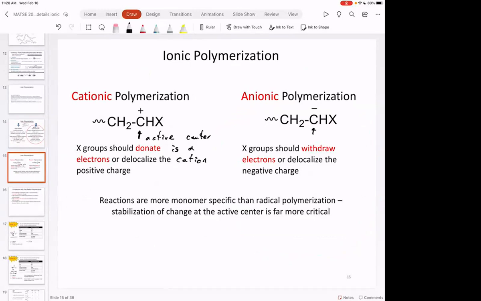So if you see something like this, you know that this one is radical polymerization. And you know what types of initiators you need for radical polymerization, right? What do you need to start a radical polymerization? What has to be the characteristic of the initiator?